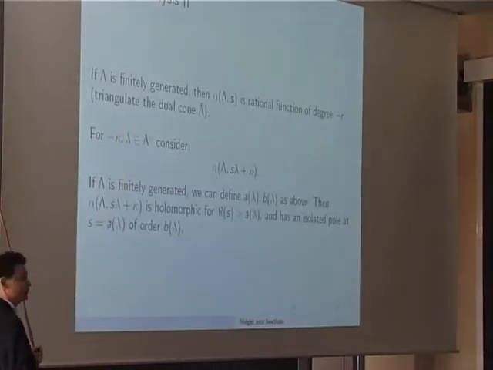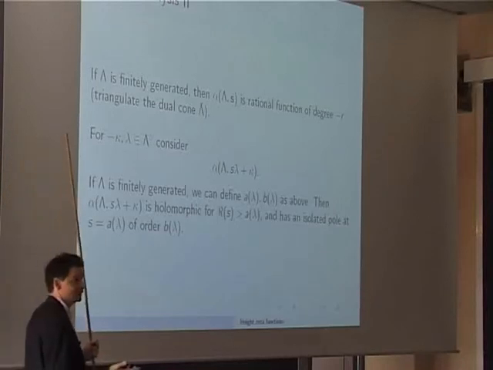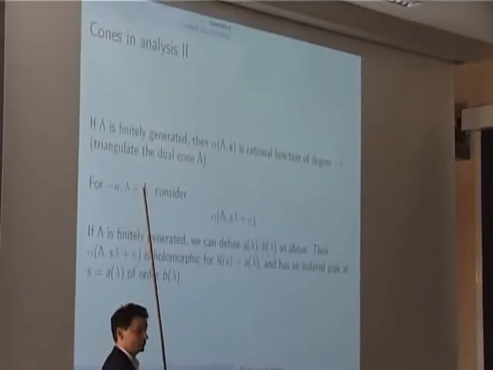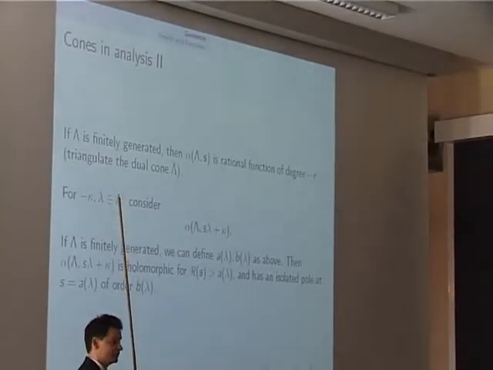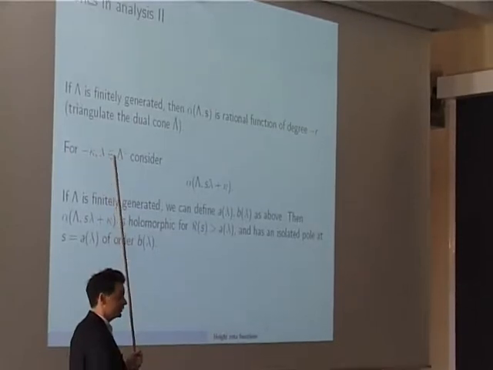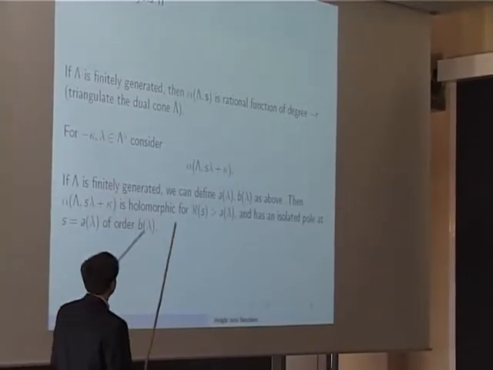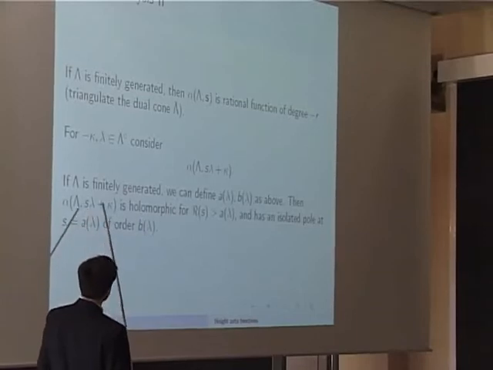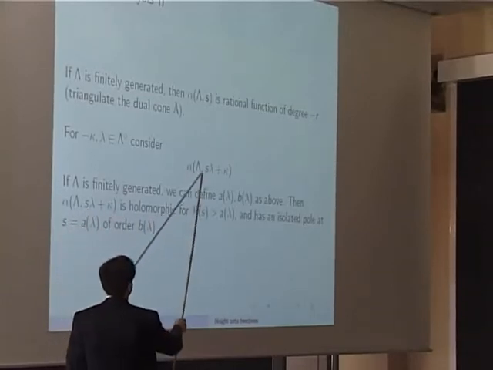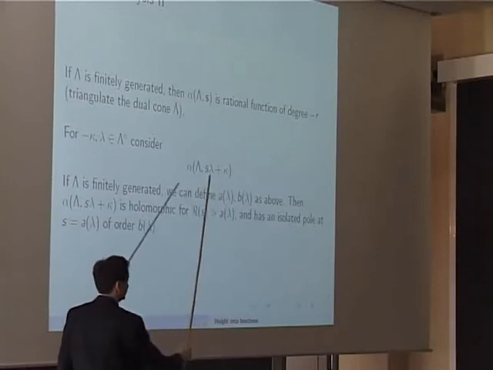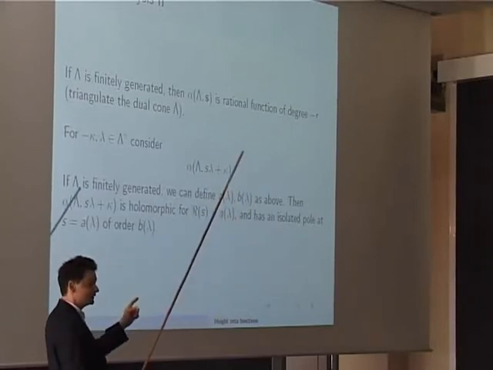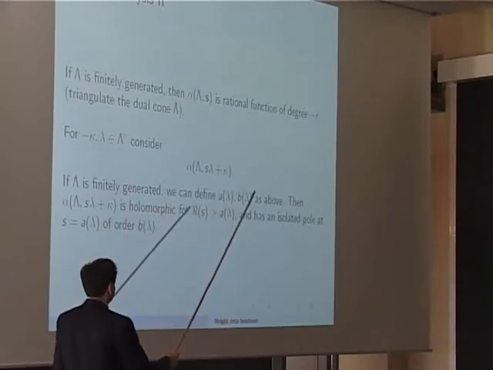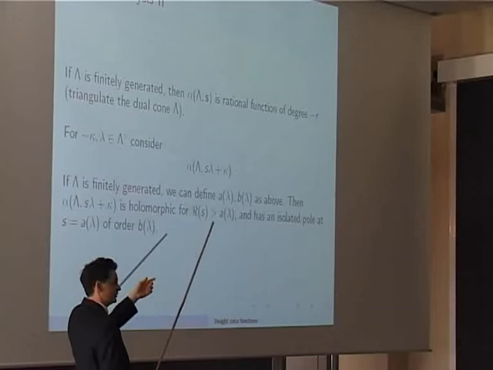Anyway, so what are the properties? It's a rational function. So we know that it's holomorphic in the interior of the cone we started out with, but as a rational function, it admits meromorphic continuation everywhere. And then you have some poles, and you can look at what the poles are. It turns out that if we restrict this function in several complex variables to one complex line, then you have a function of one complex variable, holomorphic somewhere, and there is a pole.